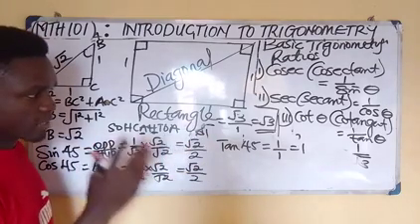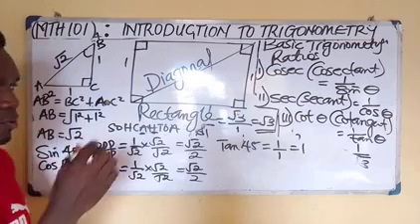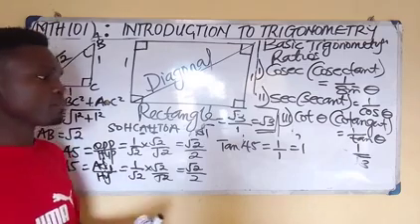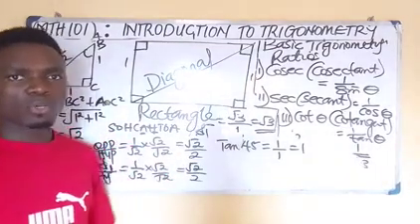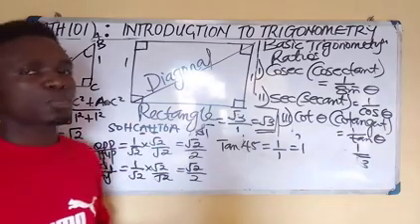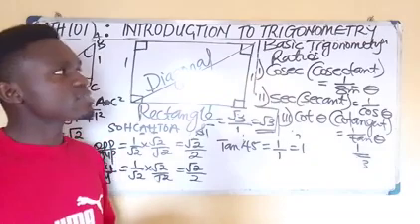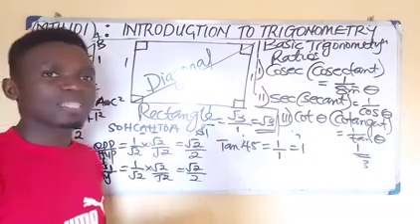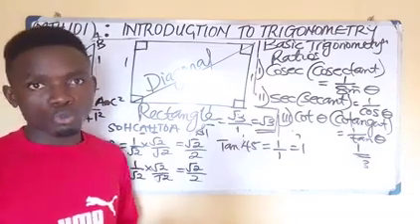But that of tan 45 is just 1 over 1, and I will have 1. The special angle of tan 45 is 1. Are we good to go? So these are the first parts that must be noted. These are the parts you must understand in this topic before you start solving questions involving trigonometry.